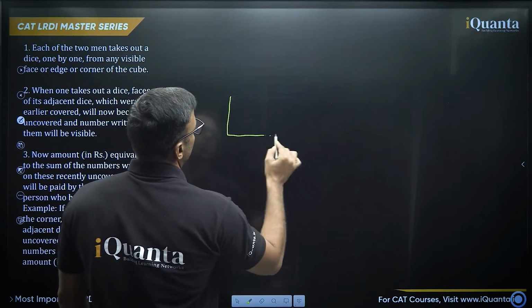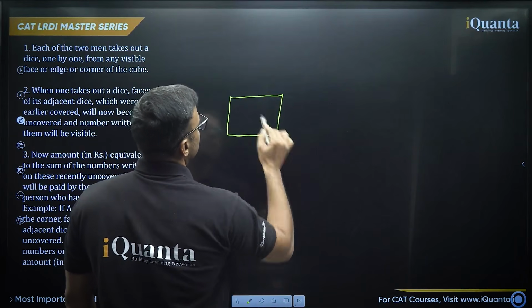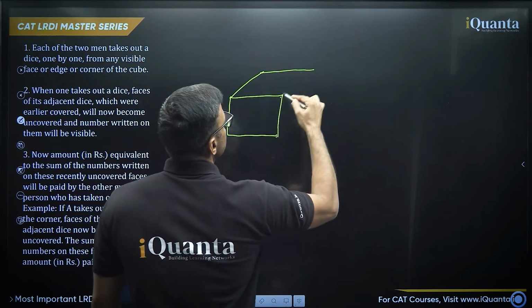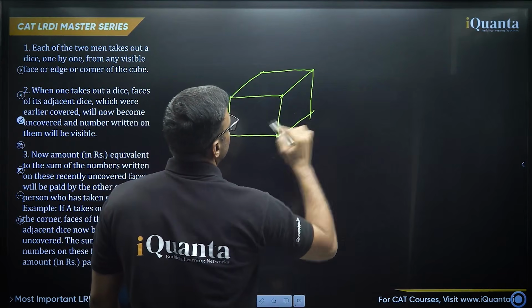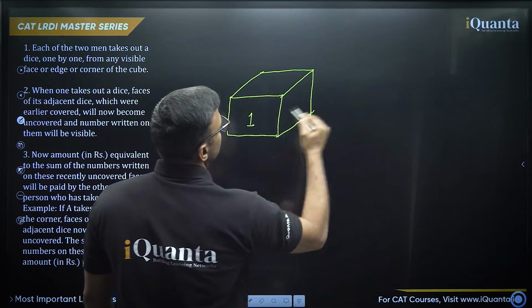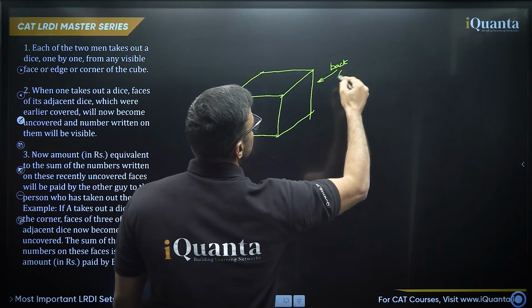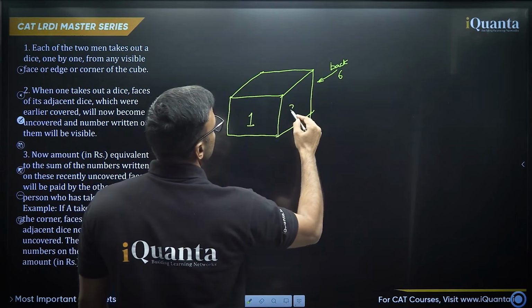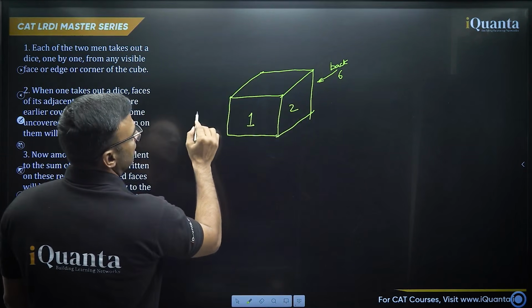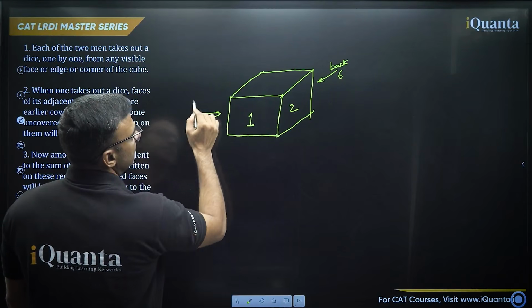If I put one cube like this, please watch it very, very carefully. If I put 1 here, then on the back we have 6. If I put 2 here, then on this left side we have 5.